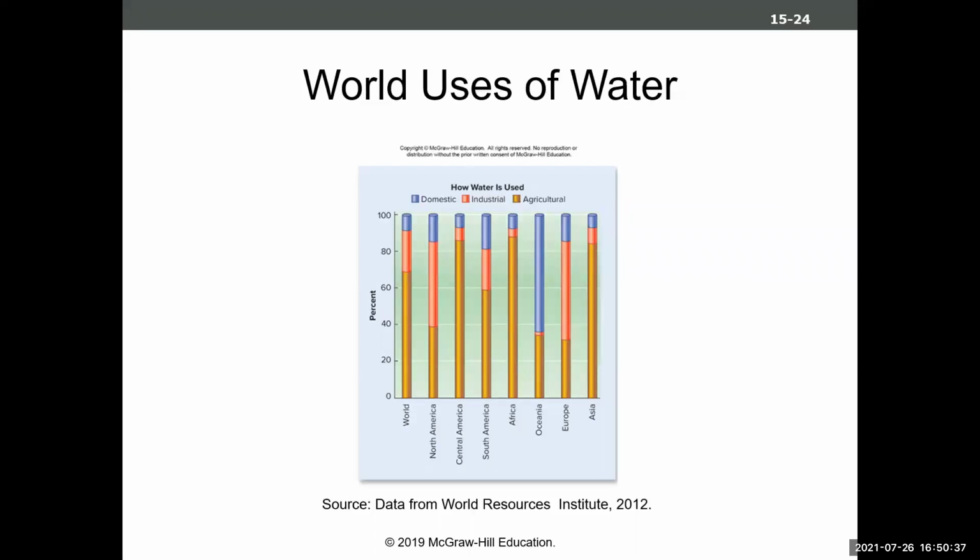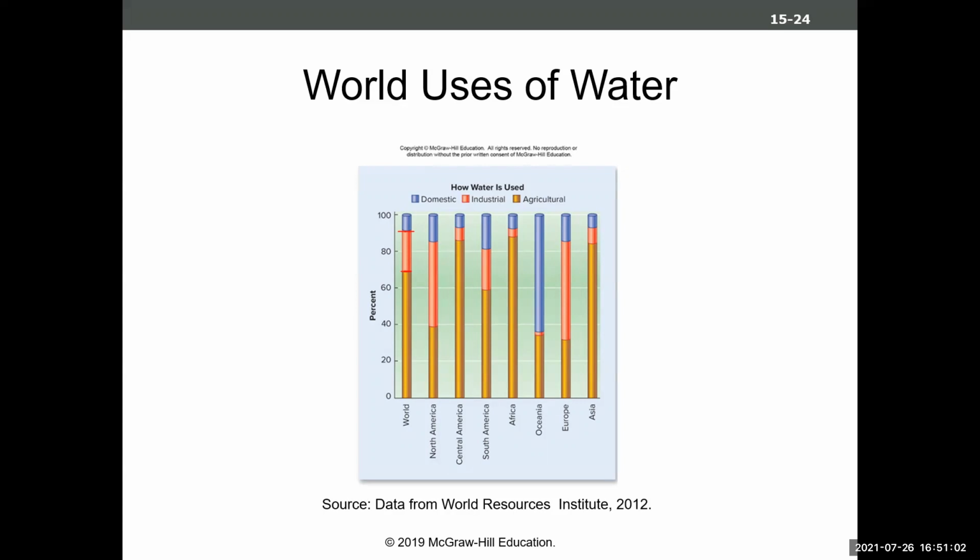Okay, we're just going to skip this one. Okay, maybe not. This one is showing the percentage of water use based on domestic, industrial, and agricultural. The world primarily uses agriculture, about 70%, with about 20% for industrial and 10% for domestic.